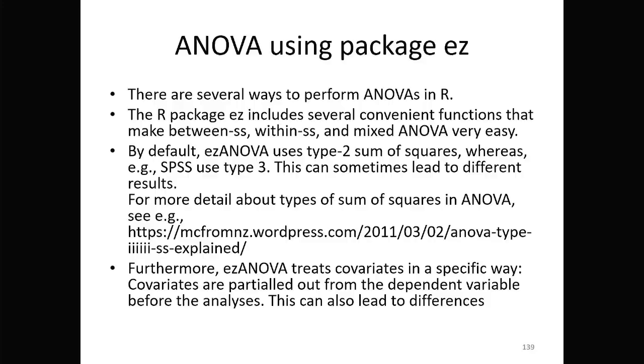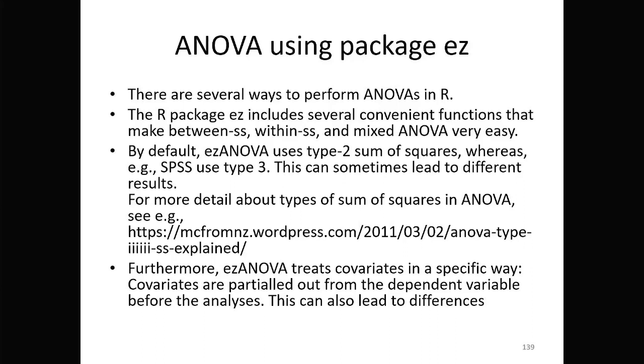Then I will show you ANOVA using a package that is called easy. So the name says it all. The point of this package is making ANOVA in R extremely easy. Why? Because otherwise ANOVA in R is not easy. That's one of the features of R. If you want to run complex models, they are not necessarily difficult, but simple things sometimes are difficult.